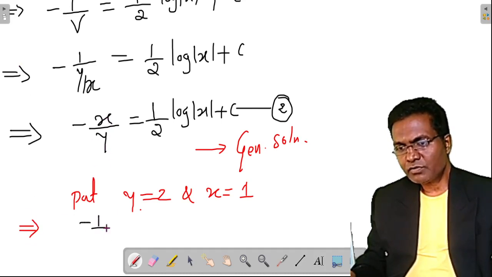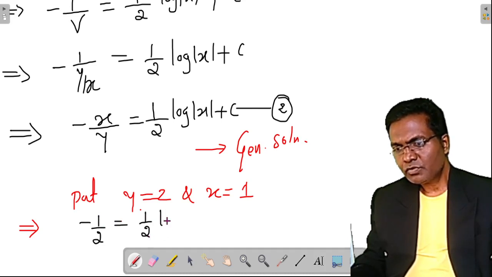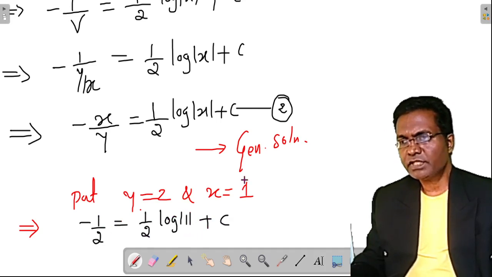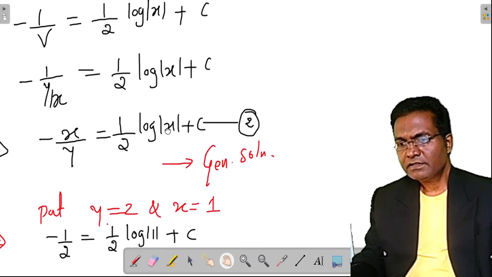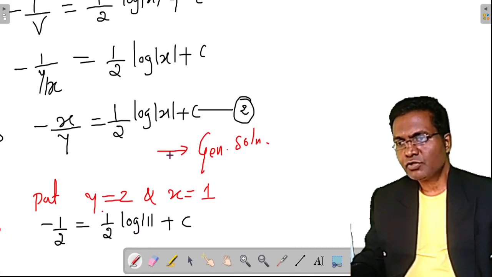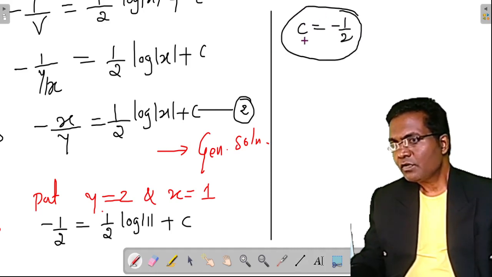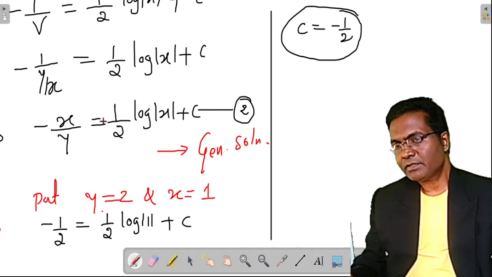Minus 1 by 2 equals 1 by 2 log of 1 plus c, and log 1 is 0, so c is equal to minus 1 by 2. So that gives you c is equal to minus 1 by 2, and substitute here.